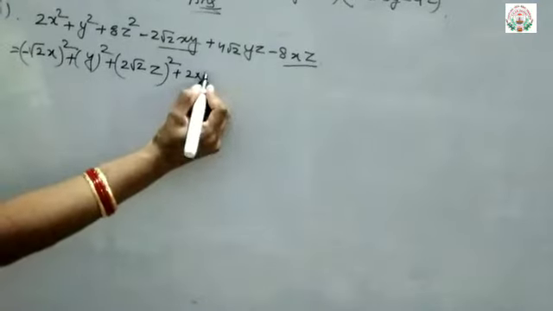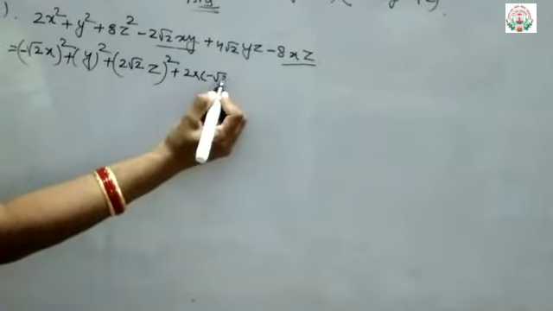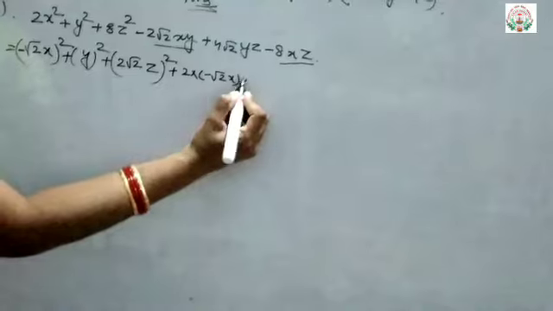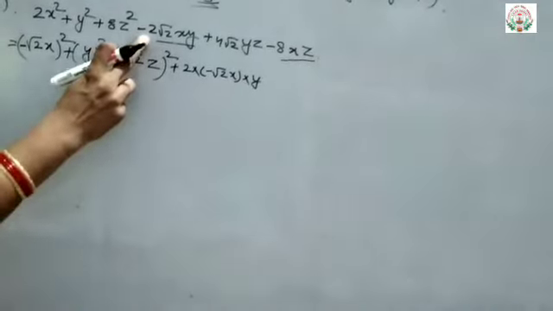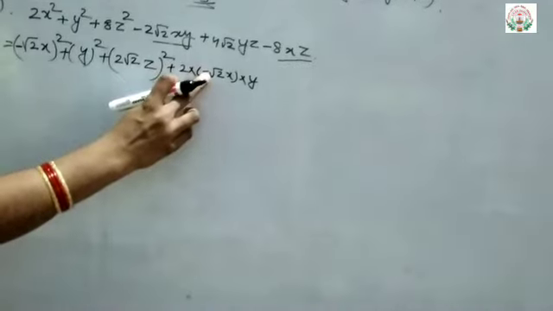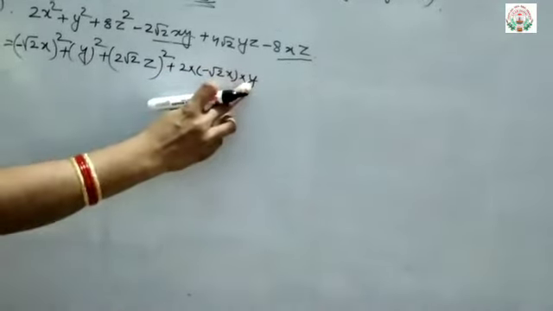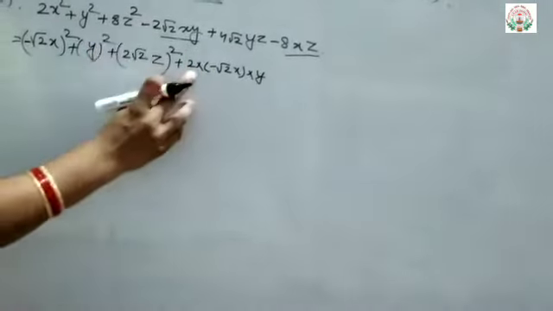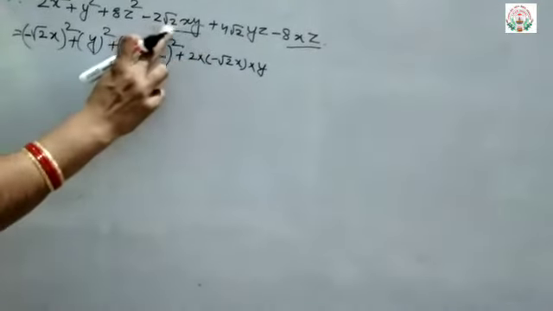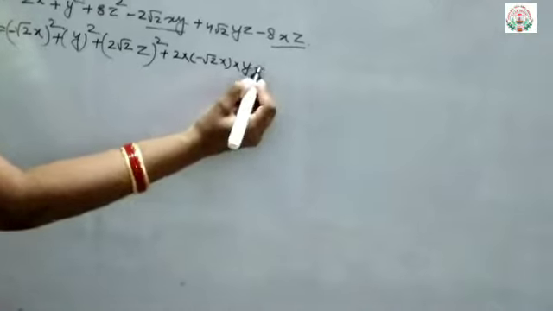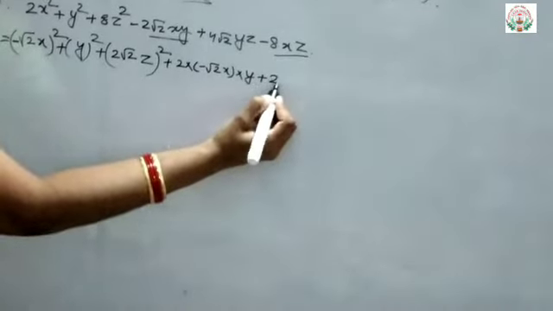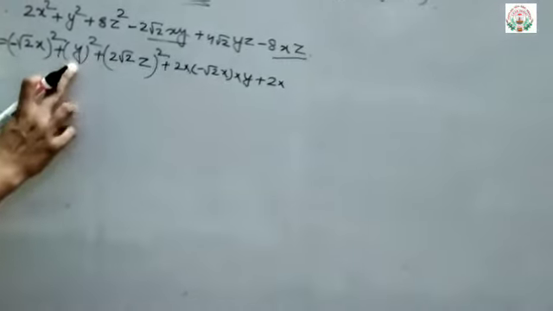After that, plus sign, then 2 into what is x? Minus root 2 x. Then what is y? Only y. So on multiplication, are you getting same or not? See, plus into minus, minus, minus into plus will be minus. Now 2 into root 2 will be 2 root 2. Clear? And xy, same way plus. Now 2 into b is what?